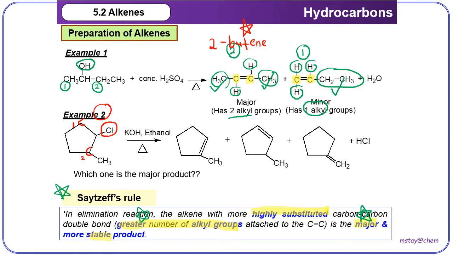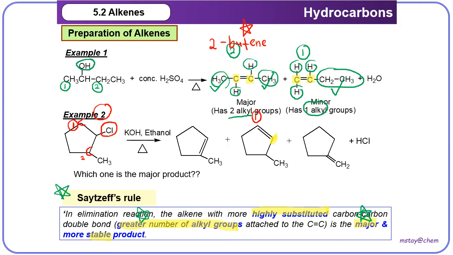If the hydrogen is removed from carbon 1, the double bond will be formed here. Now we focus on the double bond, which is this carbon and this carbon.